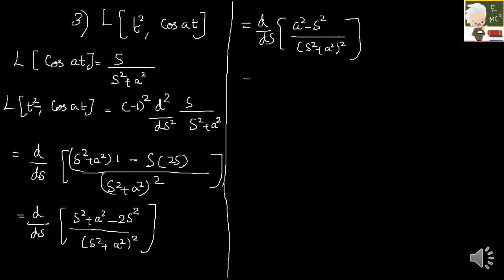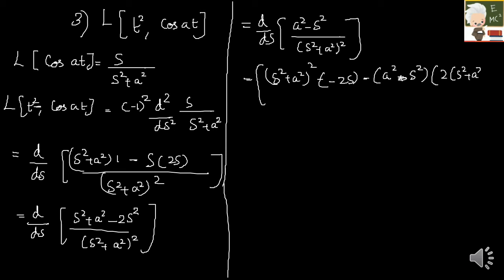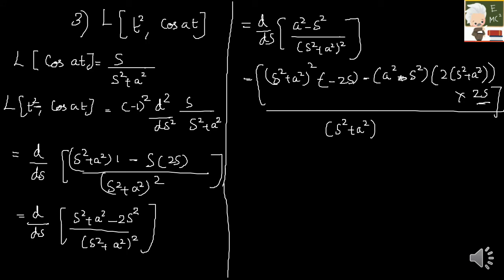Which would be s square plus a square the whole square into minus 2s, minus, sorry, plus a square minus s square into 2 into s square plus a square into 2s, divided by s square plus a square the whole power 4.